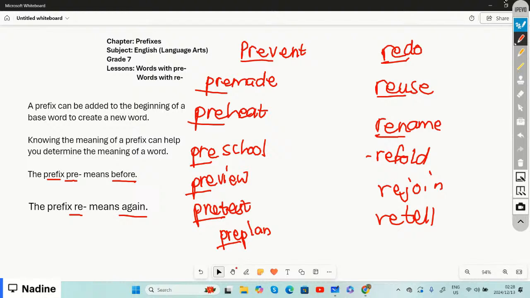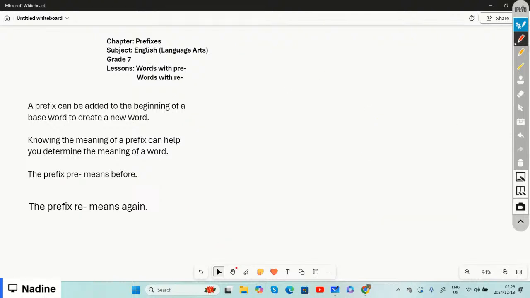And we said a prefix can be added to the beginning of a base word. Then we have our prefix pre, which means before, prefix re, which means again.